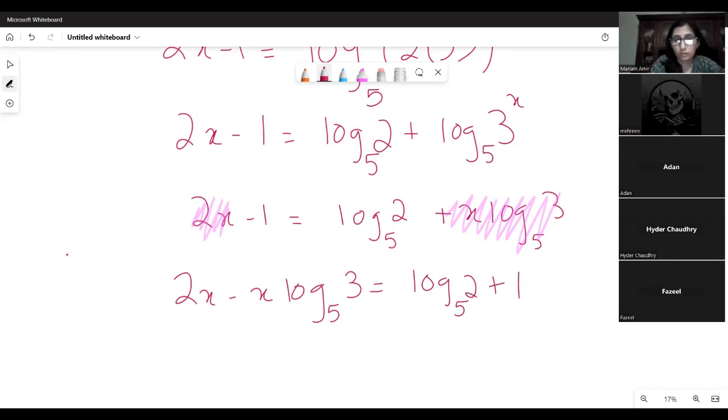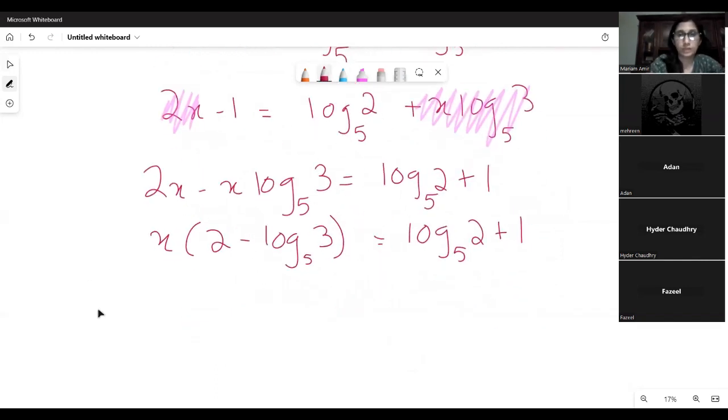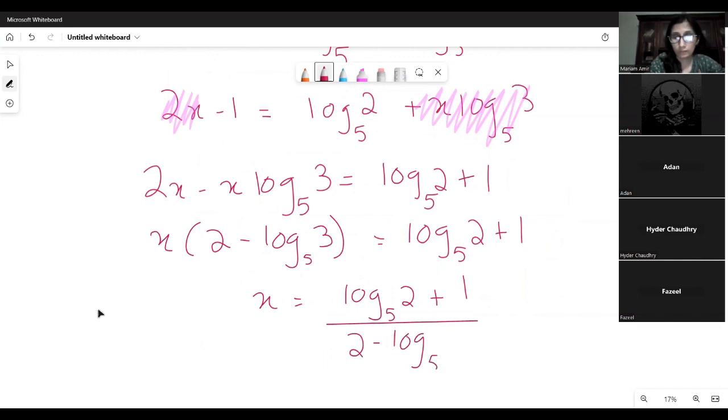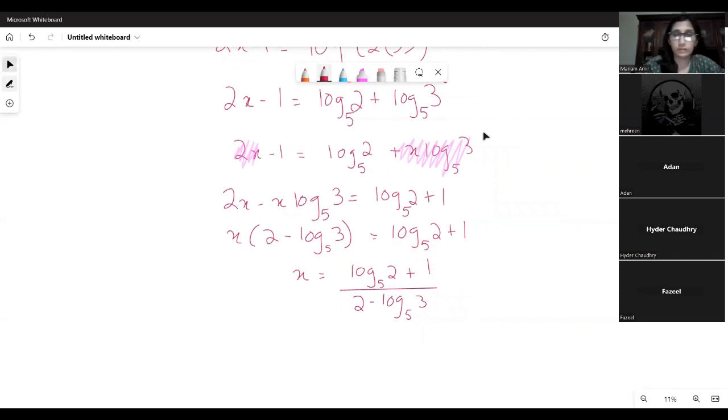Okay, so x common: x times (2 minus log base 5 of 3) equals log base 5 of 2 plus 1. And now we're going to take the bracket term to the right hand side. x is equal to (log base 5 of 2 plus 1) upon (2 minus log base 5 of 3). Enter this in your calculator and give me the answer.